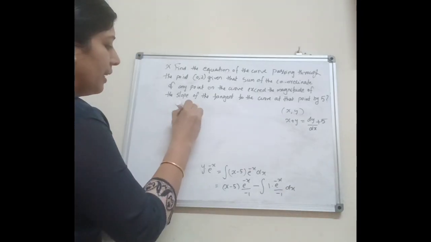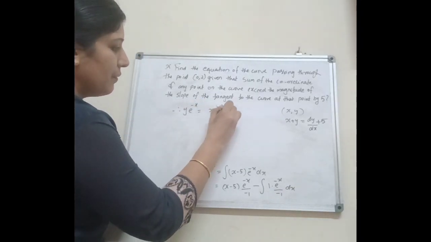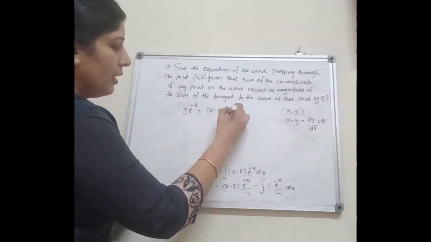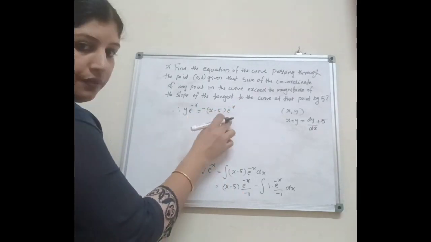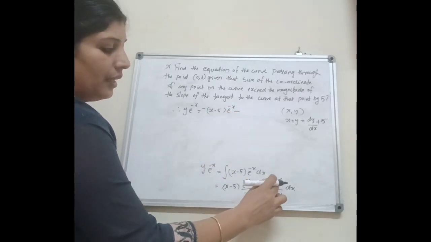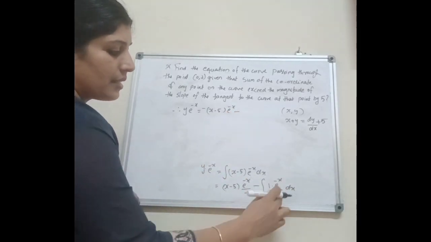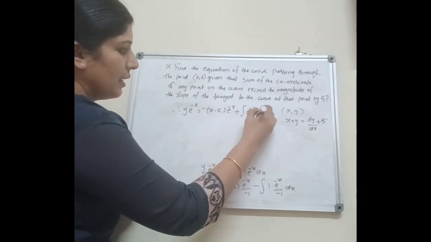Therefore, y e raised to minus x equal to x minus 5 into e raised to minus x divided by minus 1, that is minus of x minus 5 e raised to minus x, then minus integral e raised to minus x divided by minus 1, that is plus integral e raised to minus x dx.